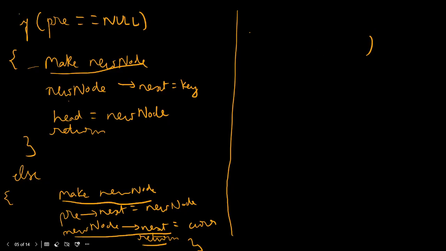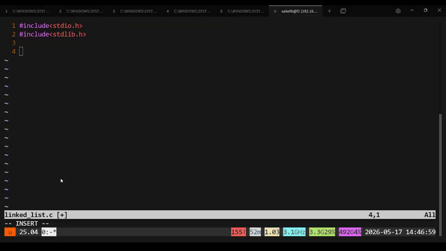So let me switch to my terminal. First, let's define a struct node. It's going to have an integer value and a pointer to the next node. I always forget this semicolon. It always gives me an error every time.